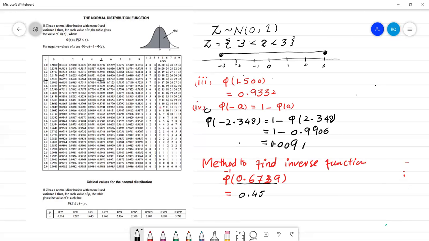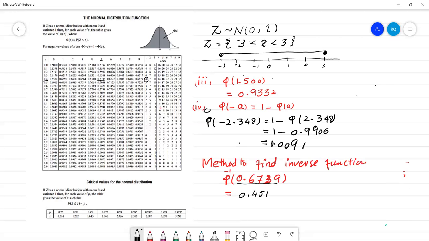You have to add because this number is 39 and that is 36, so 3 is added. So you find the closest number, which is 4, and 4 will be the third digit, so that is the answer. Is it clear? Any doubt, any problem? Okay, well done. Thank you.